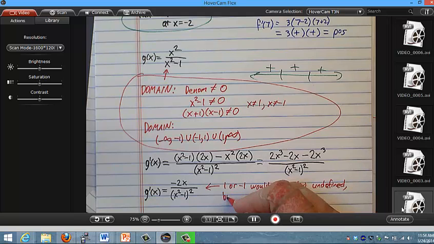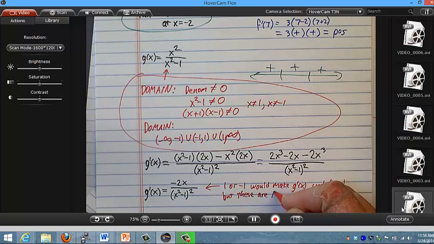But these are not in the domain of g. We said that at the beginning. So they are not critical values.